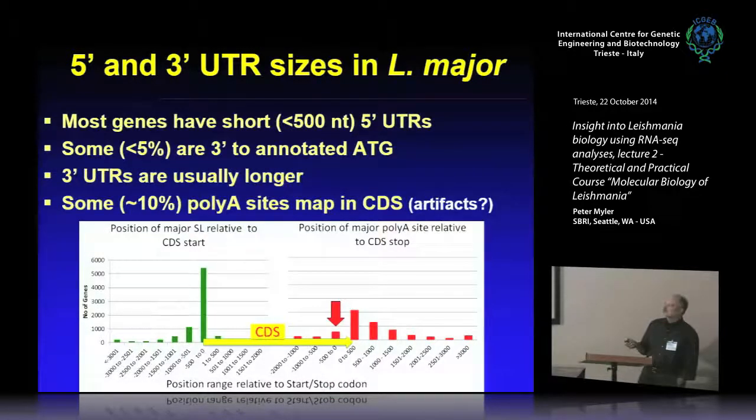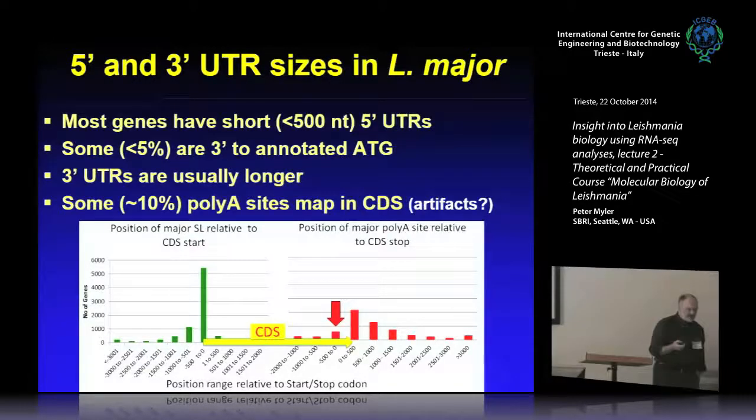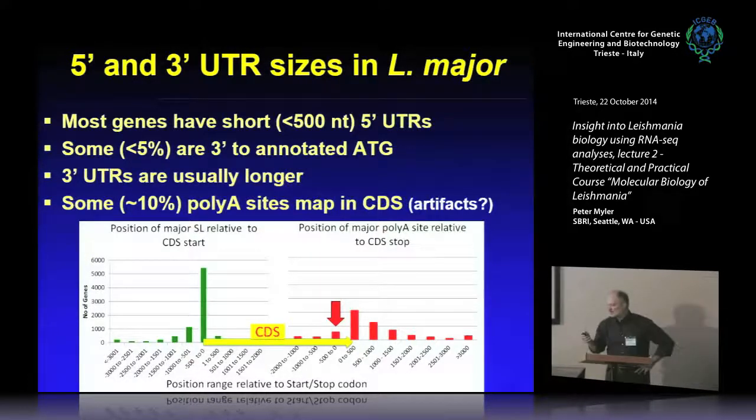And here, about 10% of the time, we found polyA sites that mapped within the CDS. I'm not sure whether this is largely an artifact, because the oligo-dT priming will sometimes prime at A tracts within the coding sequence. That's fairly infrequent, but nevertheless it does occur.